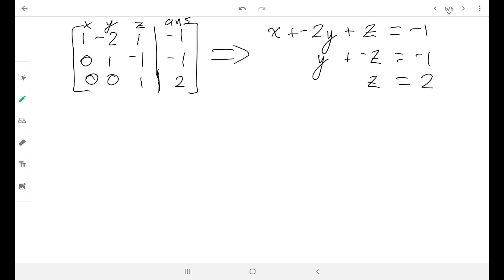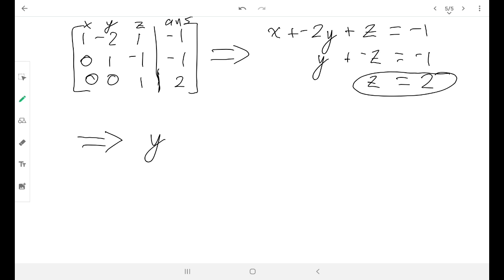So the reason this works so well is because you get one answer for one of the variables, this one right here. I got z equals 2, and I am able to then take that and plug that in the equation above it.